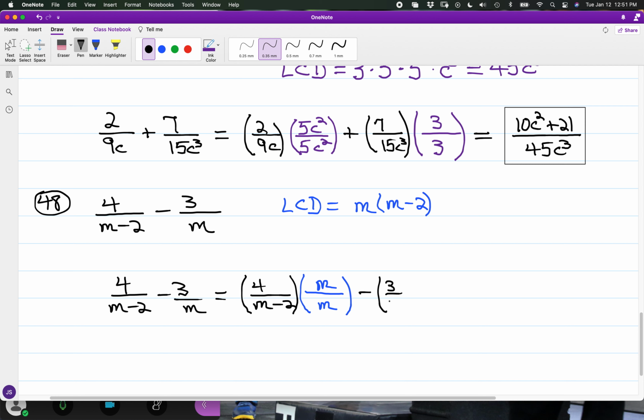Now minus 3 over m. With the second ratio, we have the m factor, but we're missing the m minus 2, so the second ratio is multiplied by 1 in the form of m minus 2 over itself.